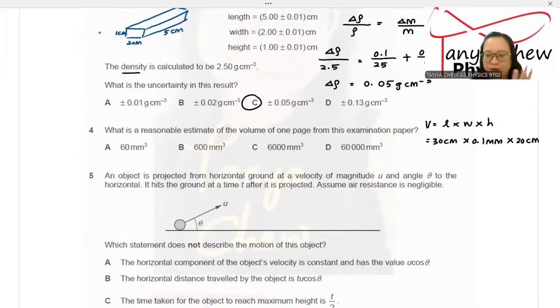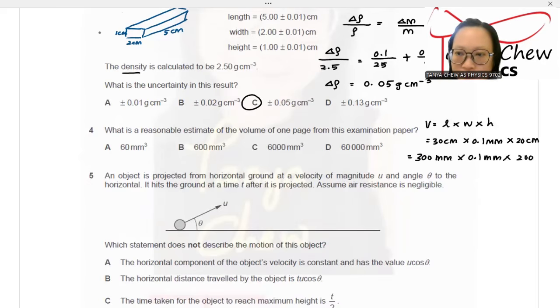Since I put it in cm and mm, I have to synchronize the units. I convert my cm to mm because all the choices are in millimeter cube. So 30 cm is about 300 mm, multiplied by 0.1 mm, multiplied by 200 mm. So 300 multiplied by 200 multiplied by 0.1, I get about 6,000 millimeter cube.